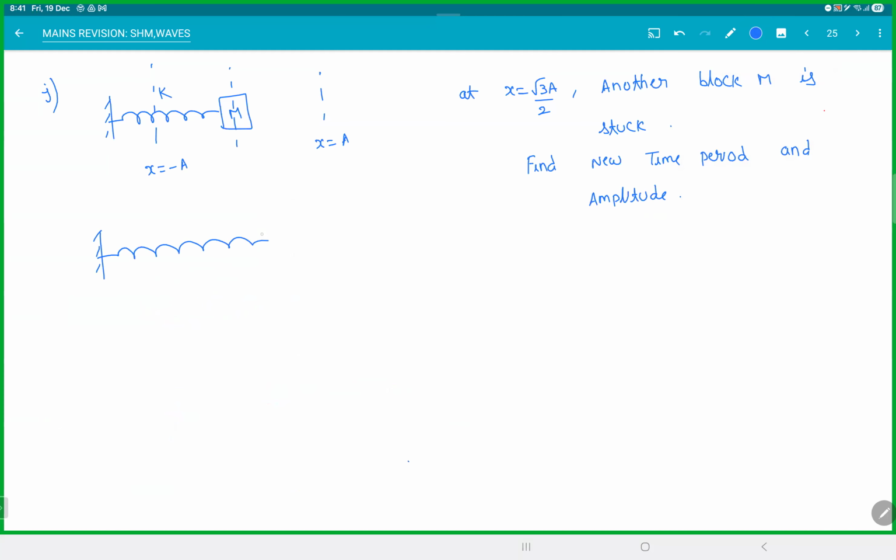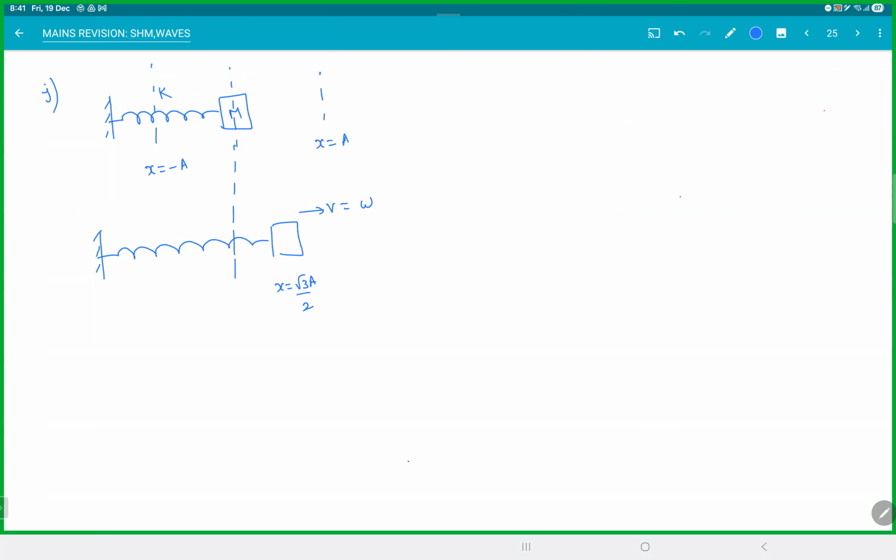Now remember, when you're sticking things, you can't conserve energy, but you can conserve momentum because the spring is non-impulsive. So when you're at x equal to root 3 A by 2, your speed will be omega into root over A squared minus x squared, which is 3A squared by 4, which is A omega by 2. That will be your speed.